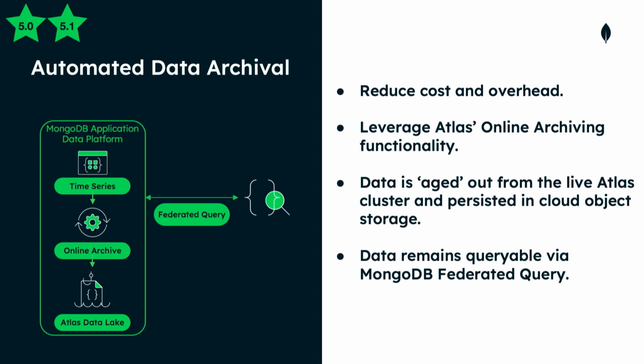So after 7 days, it will archive the data that is older, and it does that in a fail-safe manner, and also deletes the data once the archival is completed. That data goes to a cloud object storage, which makes it very cost efficient. All this removes the overhead from your developers, and you can still query the data using the federated query capabilities we have in MongoDB.